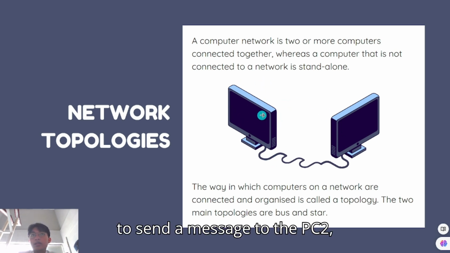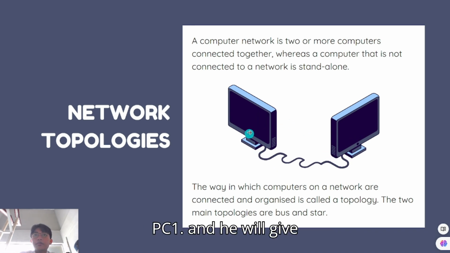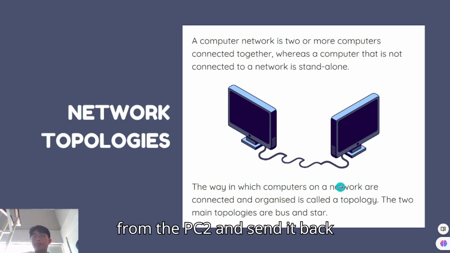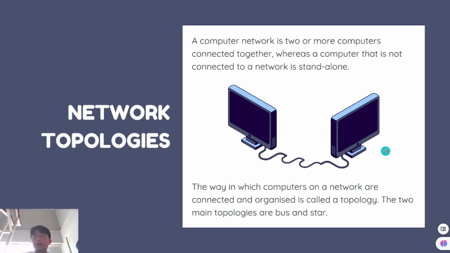If you want to send a message, PC1 gives data to PC2, and PC2 receives the data and sends data back, along a line or cable. Just sending data with a cable.